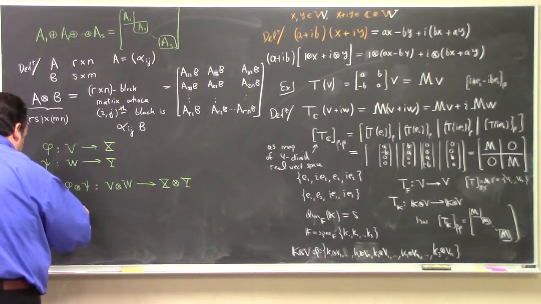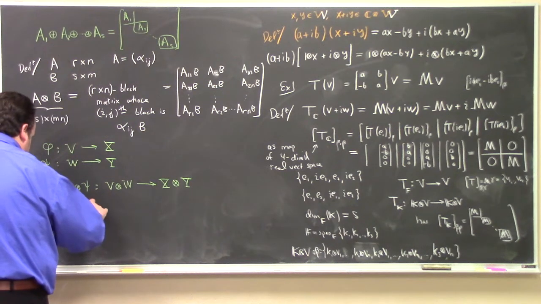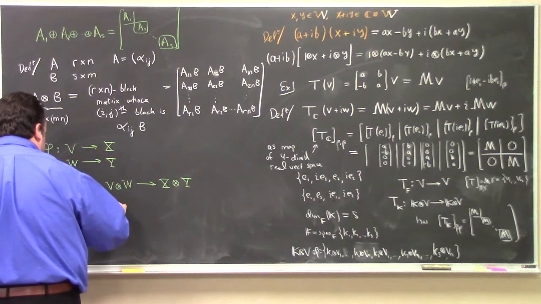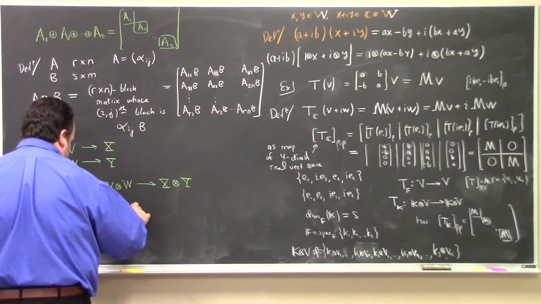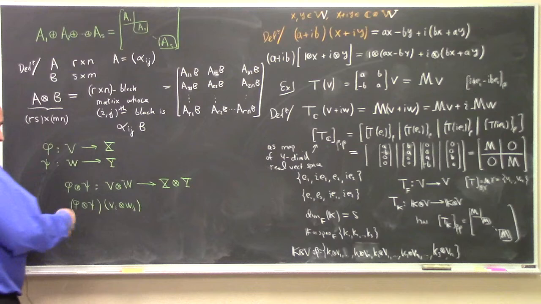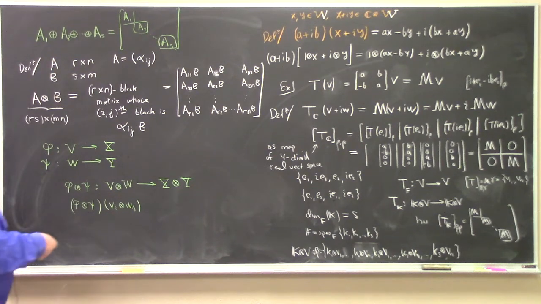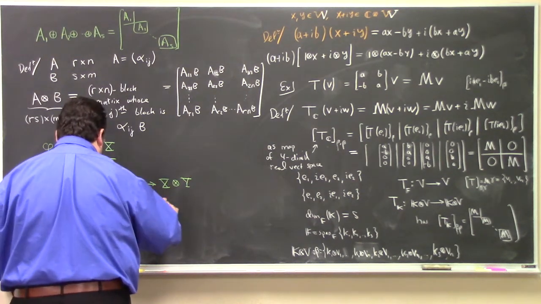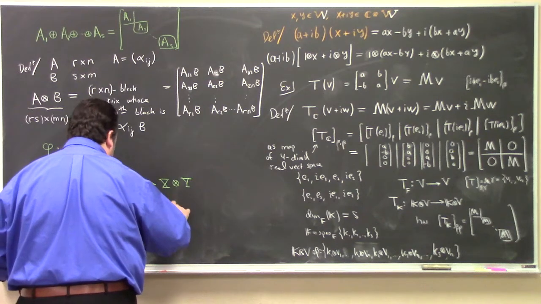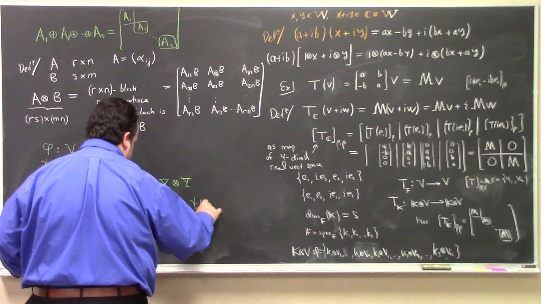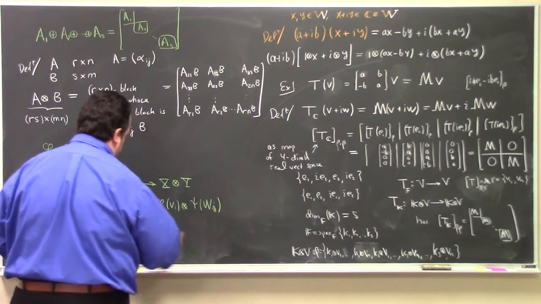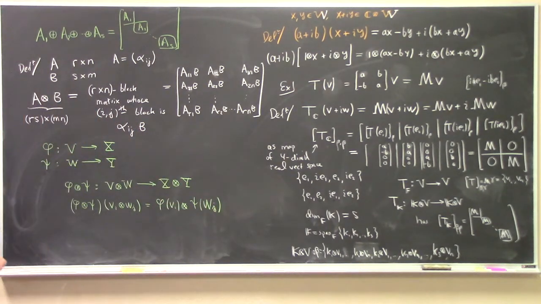so here's the formula. This is phi tensor psi acting on, let's say, v sub i tensor w sub j, where the little v's and the little w's are a basis for V and W respectively. Well, this is just phi of vi tensor psi of wj. So it's just a very natural rule.